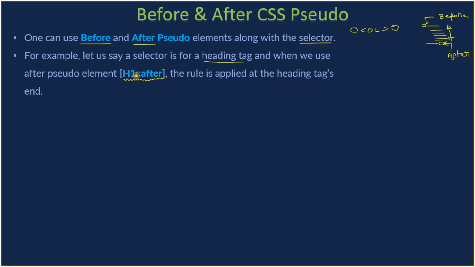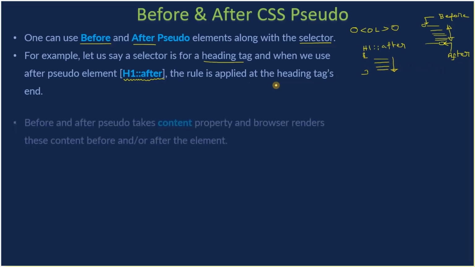So in CSS we can specify the rule like h1, then you will specify the style rule and the style values, and if you put before, whatever you define here will be placed before the h1 tag, right? Usually this before and after will be used with the content.